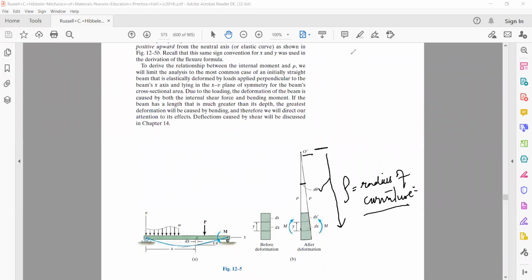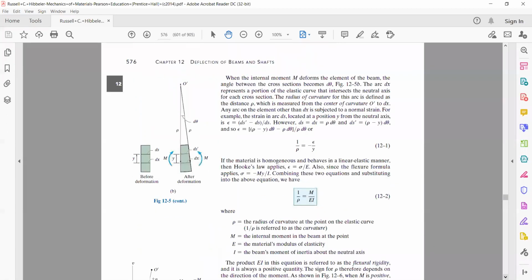Fine. So let's do a simple analysis as has been done in this book. Here, the analysis has been done like this.